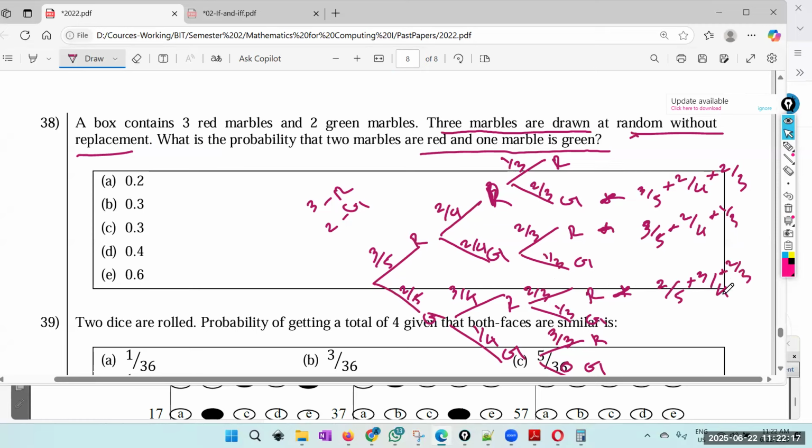Always what we get is 20, 20 into 3, 60. This is 3 into 2 into 2 is 4, 4 into 3 is 12. 3 into 2 is 6. 2 into 2 is 4, 4 into 3 is 12. 30 divided by 60. That is 0.5, right? 0.5 is not there.